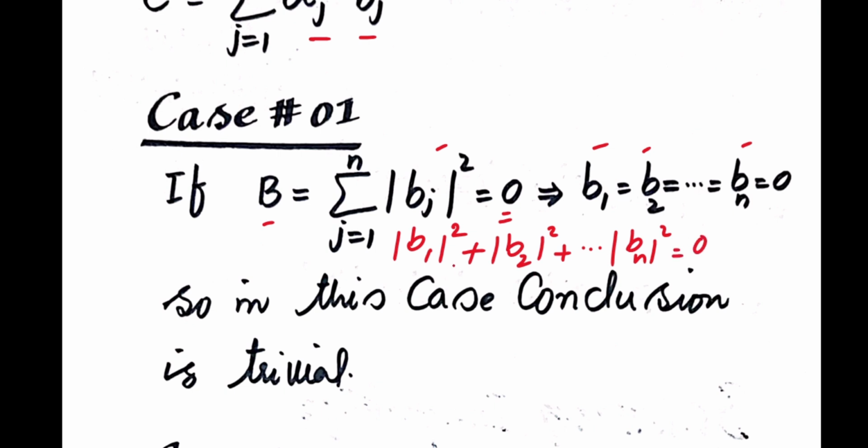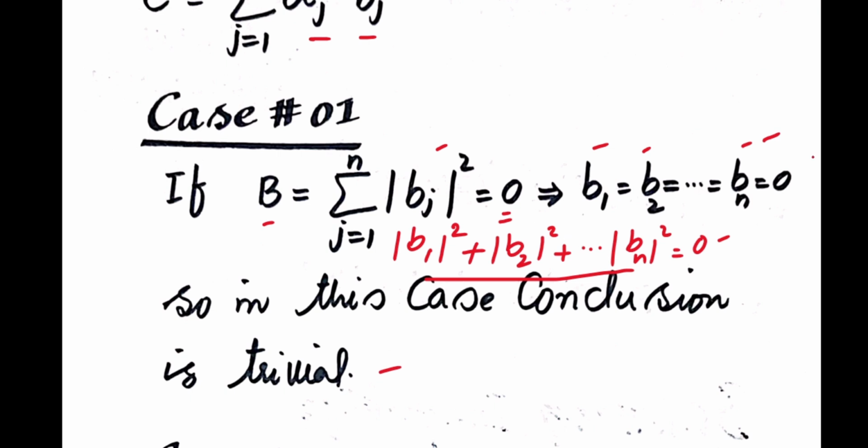This represents a sum of squares of non-negative quantities, and if this is equal to 0, then b1, b2 up to bn are all 0. So in this case, the conclusion is trivial.